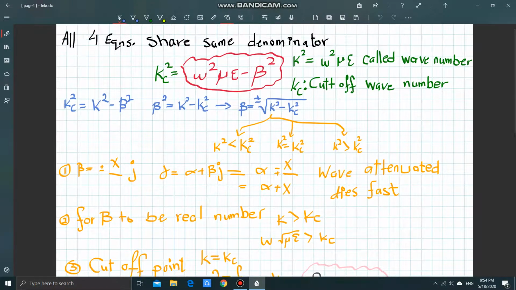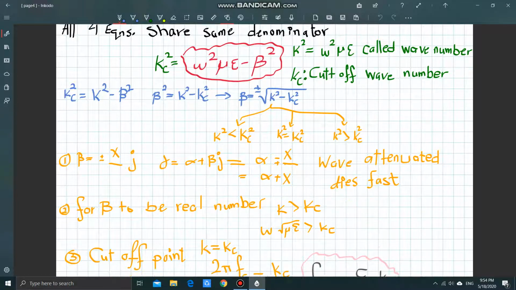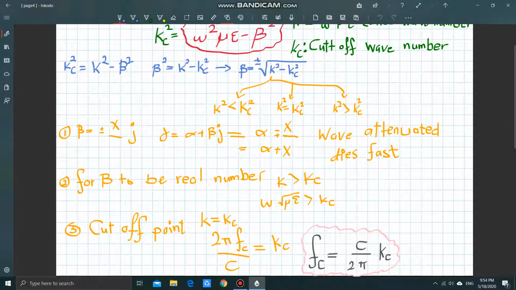For beta to be a real number, K squared must be greater than Kc squared, which means omega square root of mu epsilon must be greater than Kc. The middle point is the cutoff point, where K is equal to Kc.